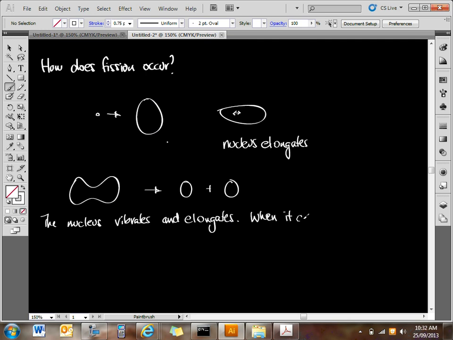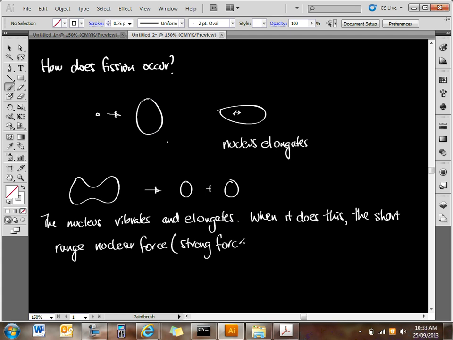When it does this, the short range nuclear force, or strong force, no longer has effect or much effect on the outer nucleons.